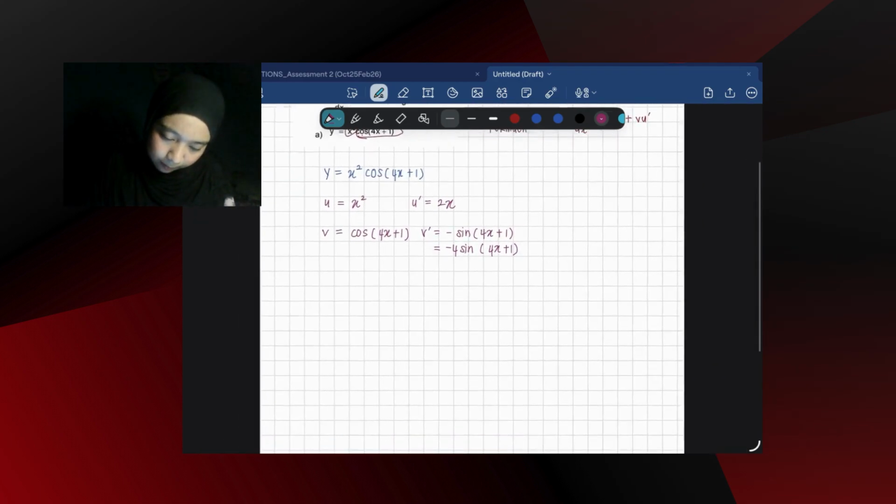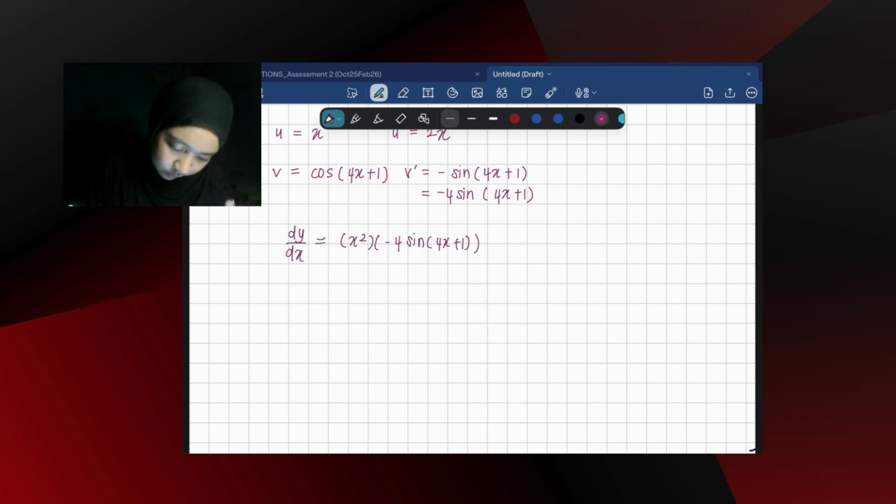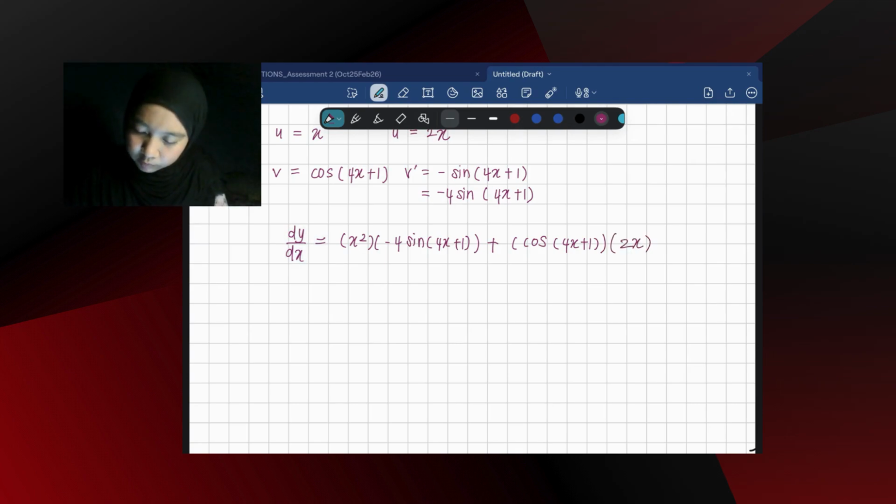So we get dy over dx equals x squared times negative 4 sine 4x plus 1, plus cos 4x plus 1 times 2x.